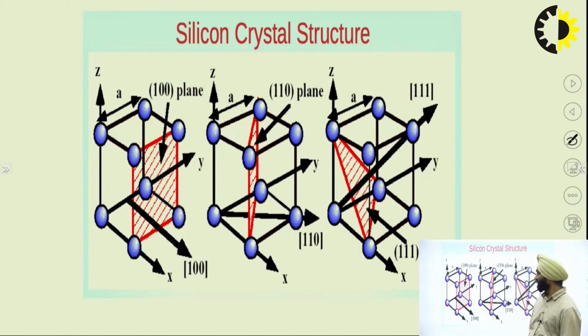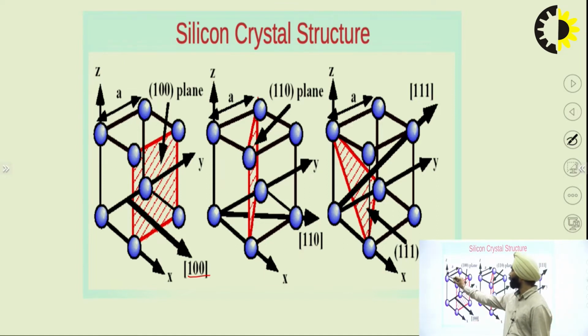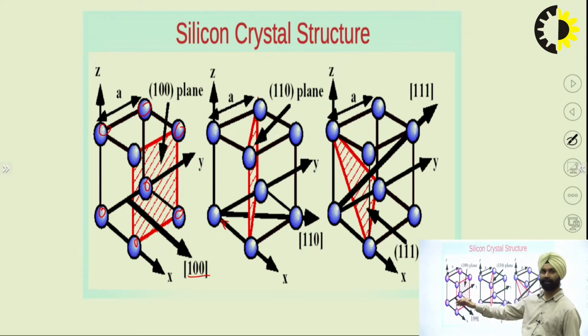For the silicon structure, we have different structures like this one. For this structure, X is 1, Y is 0, Z is 0. A unit plane is with these atoms, and this is behind the whole scene. So if we see X, Y, Z, the plane is at 1, 0, 0.